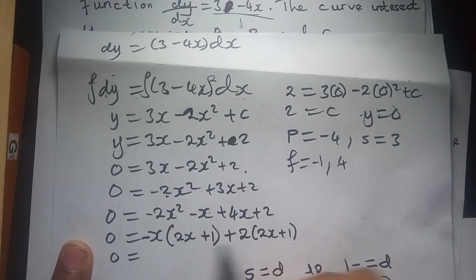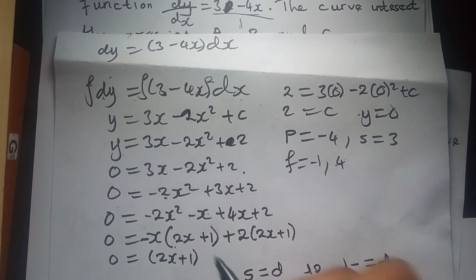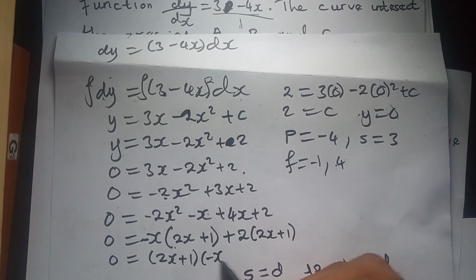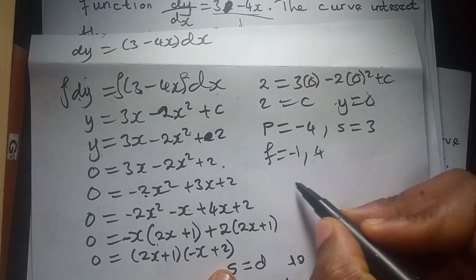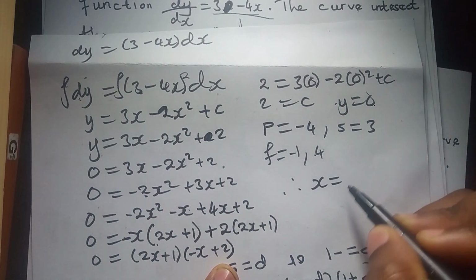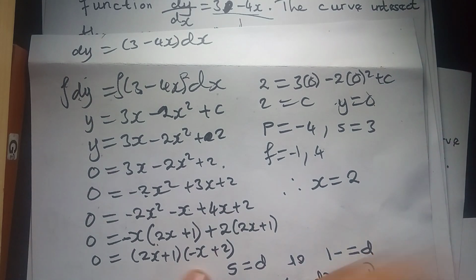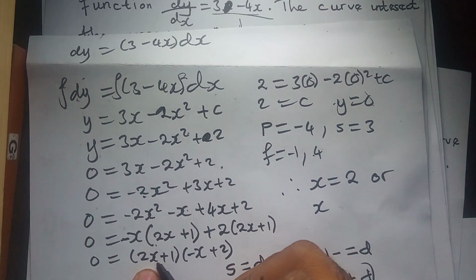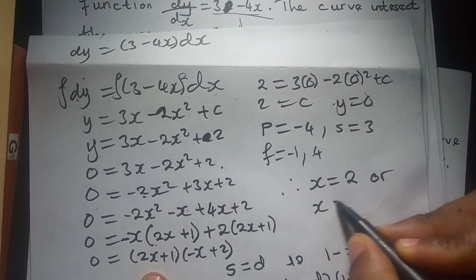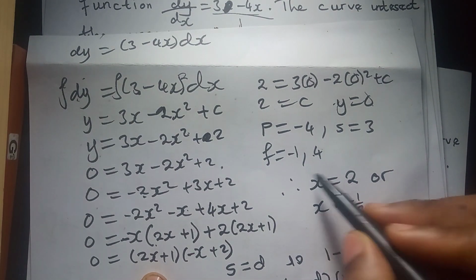When you factorize this completely, you have 2x plus 1, and then negative x plus 2. So this tells you that either x is equal to positive 2 or x is equal to, when you make x the subject of the formula after equating this to 0, negative half.